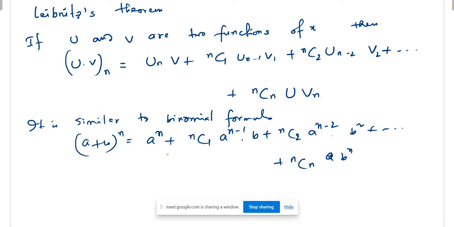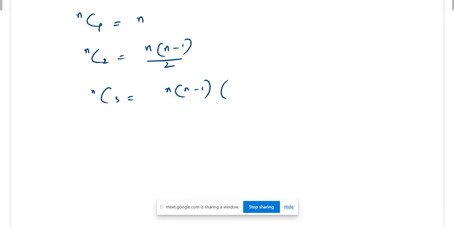So it's similar to the formula of binomial, so it's easy to remember. And one thing we should note that nc1 is always n, nc2 is always n into n minus 1 by 2, nc3 equal to n into n minus 1, n minus 2 by 6, and this is factorial 3. Actually factorial 3 is 6, and of course ncn is always 1.